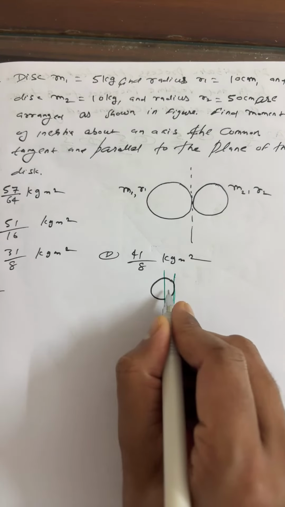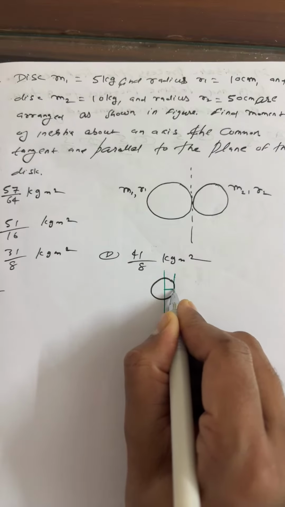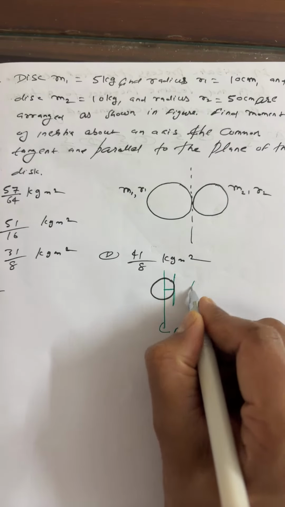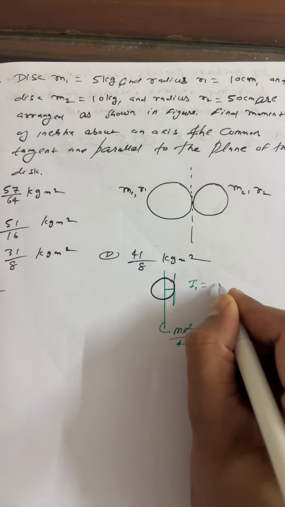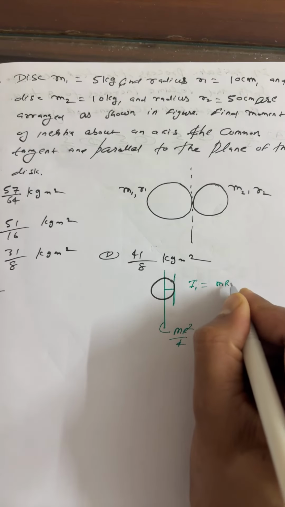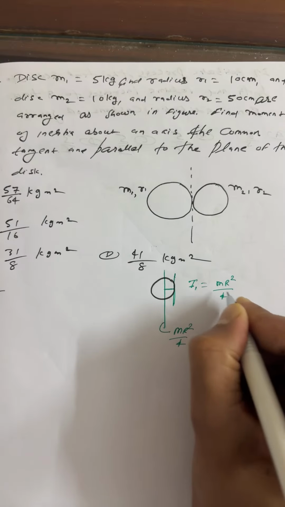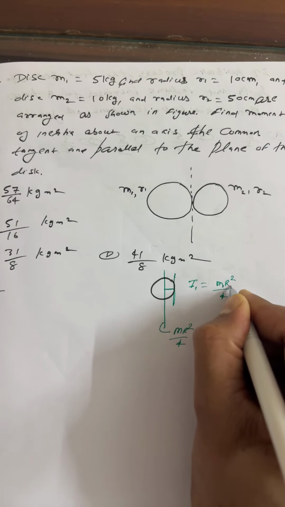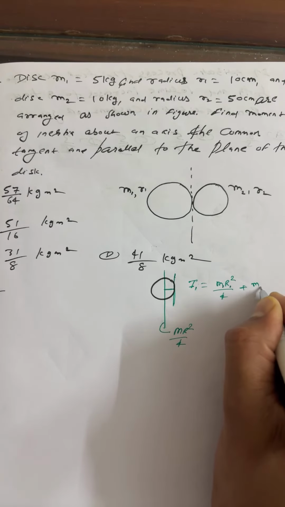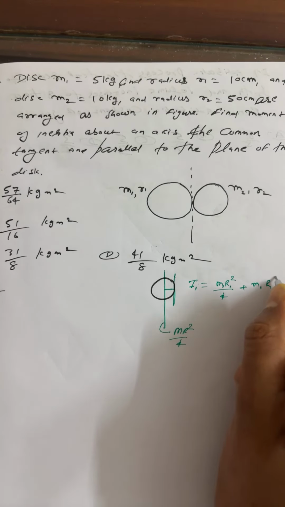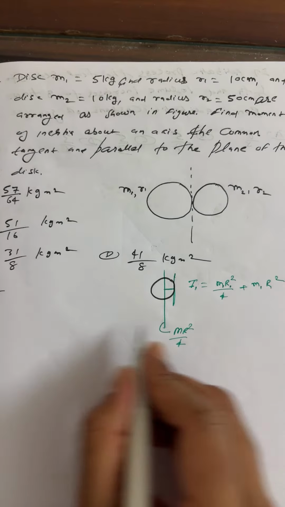Then we can apply the parallel axis theorem, where the distance is R only. So the moment of inertia, let us suppose it's I1, is M1 R1 square by 4 plus M1 into R1 square.